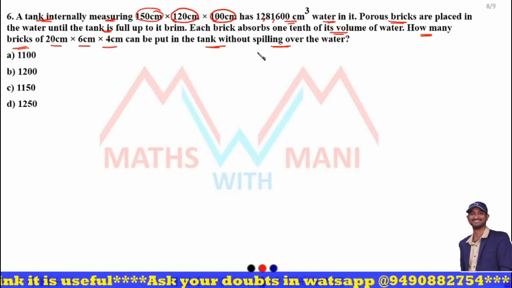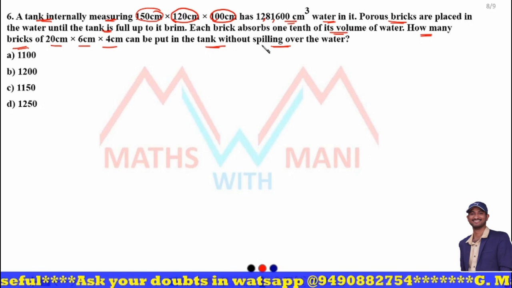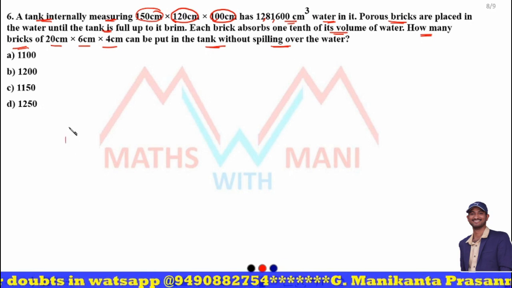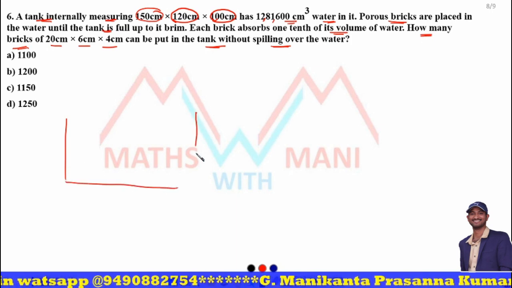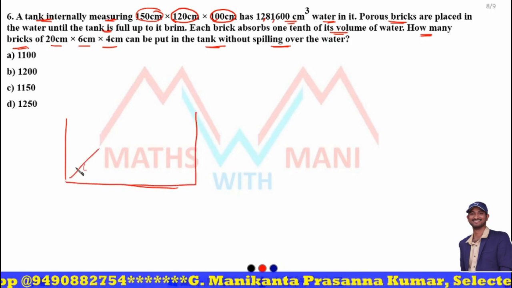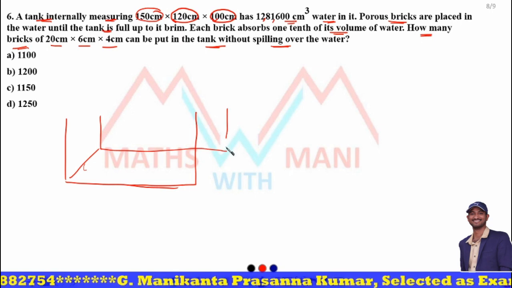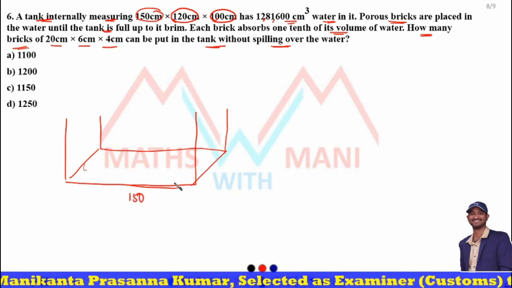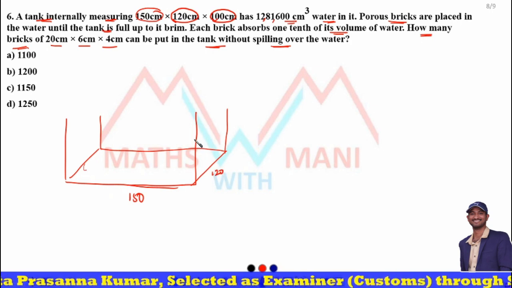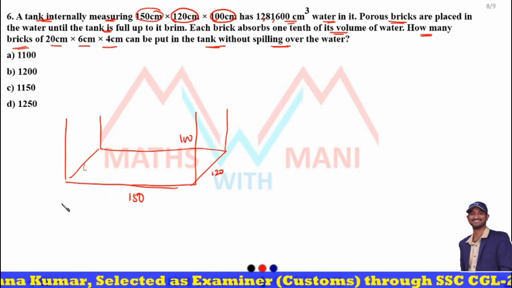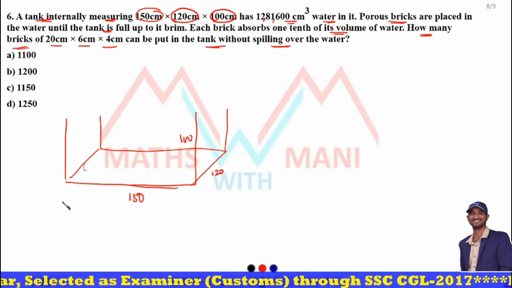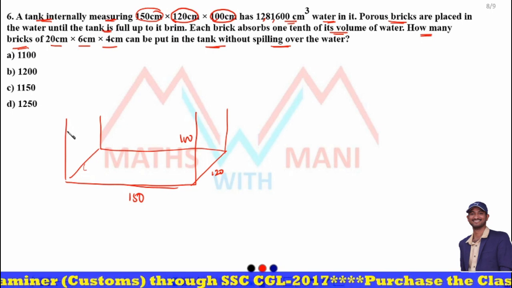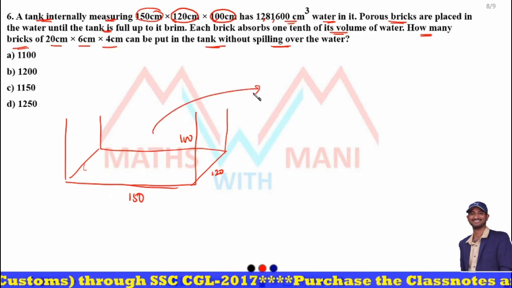So I hope all of you understand this concept. First, you have to understand the problem itself. Okay. So first, there is a tank. There is a cuboidal tank. This cuboidal tank's dimensions are 150 and 120 and 100 centimeters. So what is the volume of this cuboid finally?